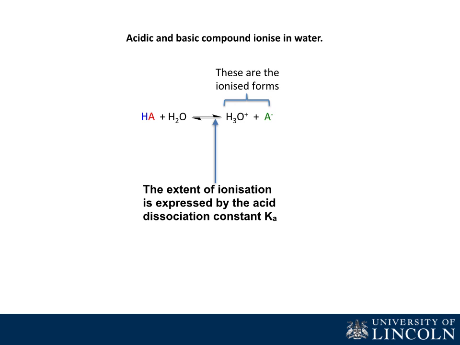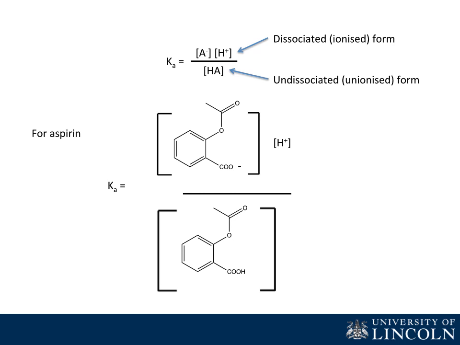Now I can put the general equation for Ka up here, very straightforward. The Ka is simply the dissociated or ionised form of the acid divided by the concentration of the undissociated or unionised form of the acid. And again, I've written it out underneath for aspirin as an example, just to try and make it clear.